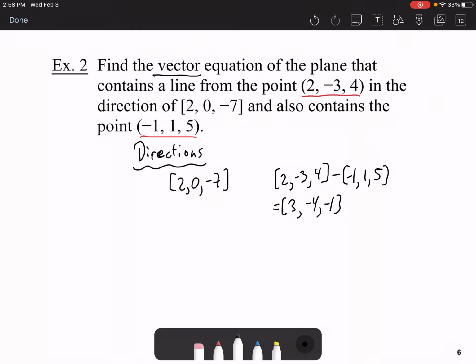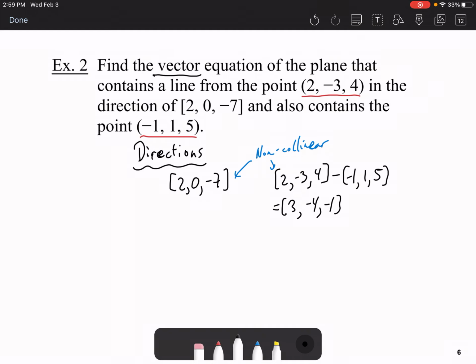Now remember that these 2 vectors, directions, have to be non-collinear. In other words, they can't be scalar multiples of each other. As you can see, 2 times 1.5 is going to be 3, but 0 times 1.5 is not negative 4. So these are not scalar multiples of each other.